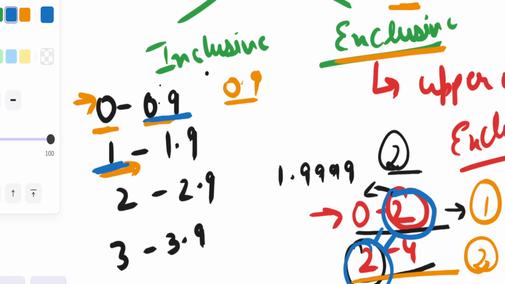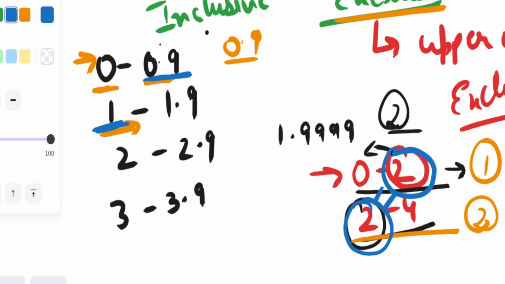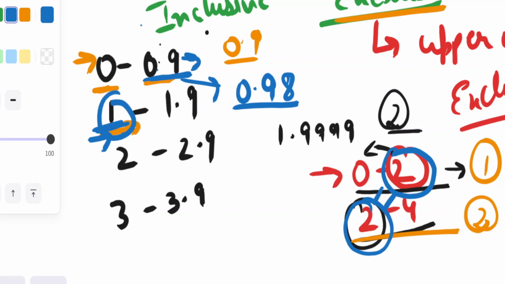Okay, now there is one drawback for an inclusive series. Suppose a student receives 0.95 marks. Will it be included in this interval or in this interval? Because it is greater than 0.9 but less than 1, and the lower limit is 1 and the upper limit for this is 0.9. Now this particular number does not fall in any of the categories.